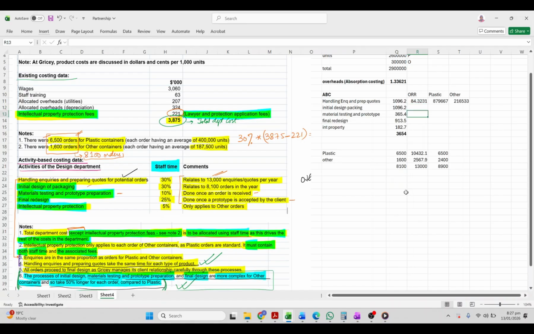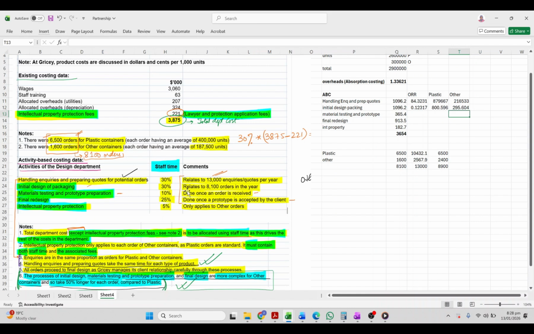When you calculate the OAR, it will be 1096.2 divided by 8,900, and then we'll multiply this with 6,500 for plastic, and we will multiply the same figure with 2,400 for others, right? Why are we not dividing it by 8,100, despite the fact that 8,100 orders are here?